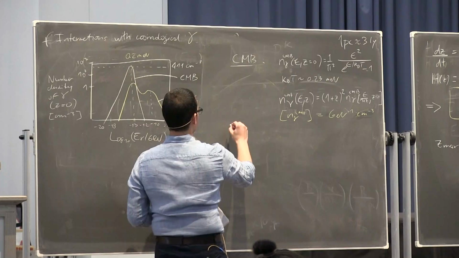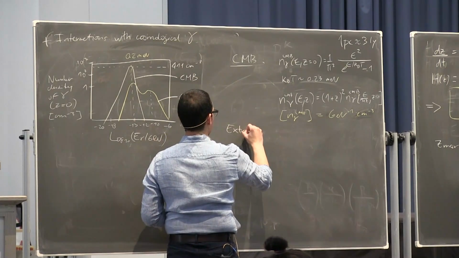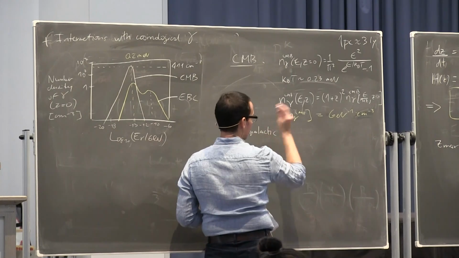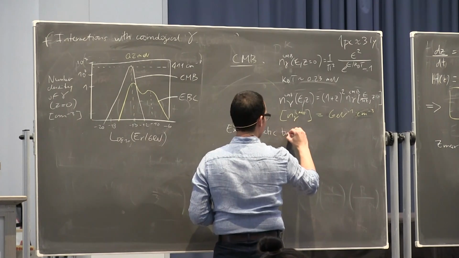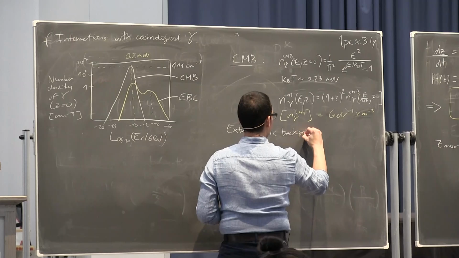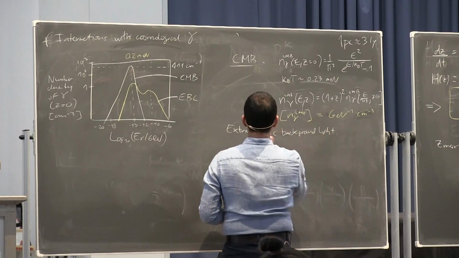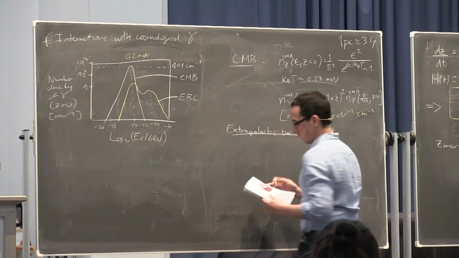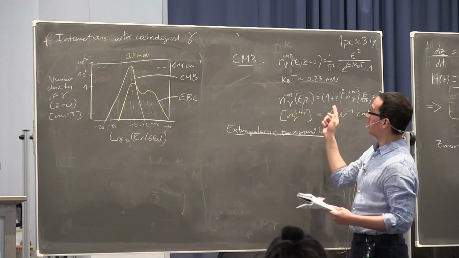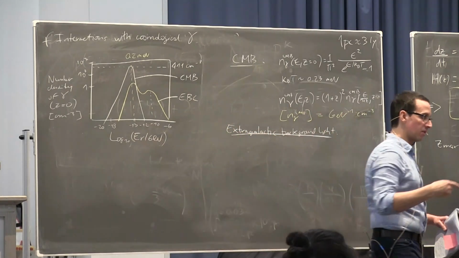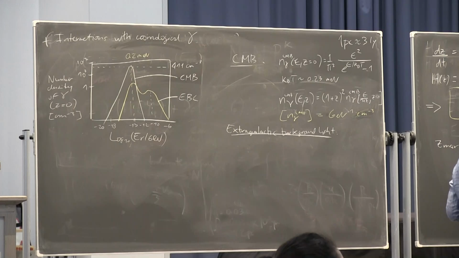It is also more difficult to model the redshift evolution of the number density of EBL photons. The reason is these, as you can imagine, are emitted over many redshifts because we have stars not just at the one time, but distributed over distances.